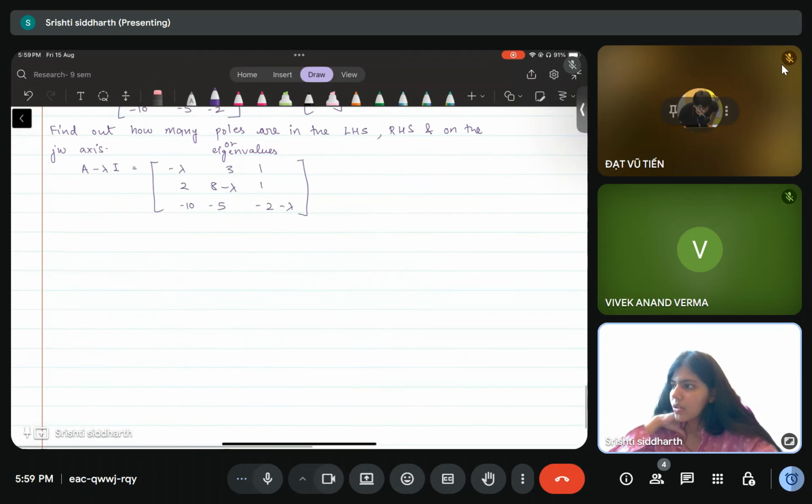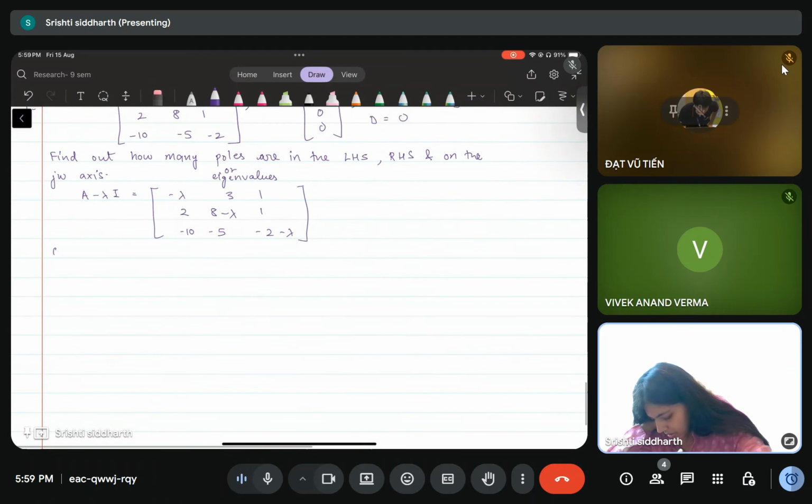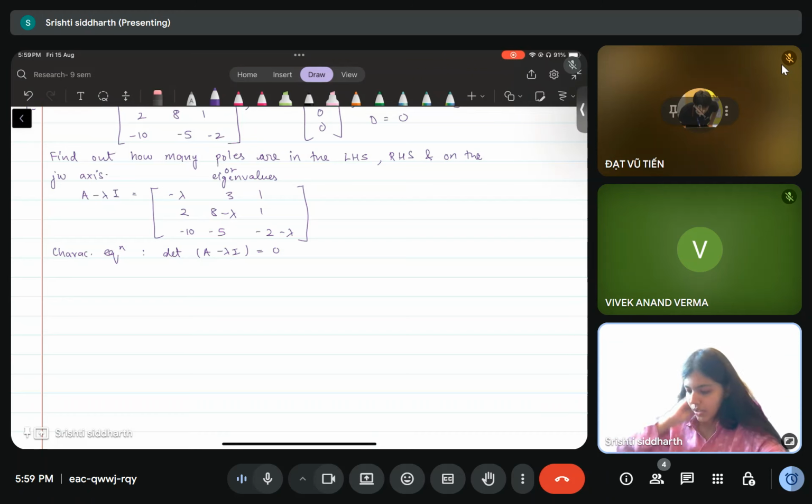Right. So the characteristic equation is determinant of A minus lambda I equals 0. So let's compute this. This is minus lambda.